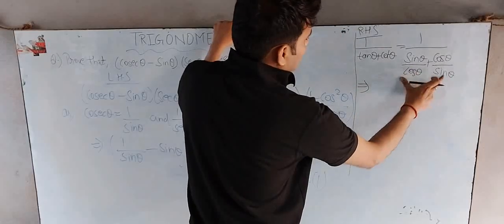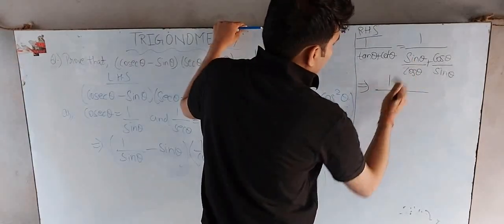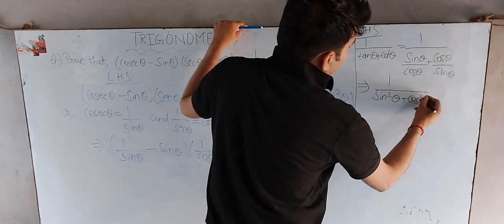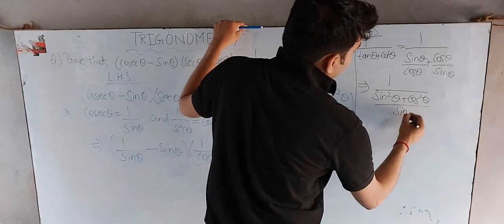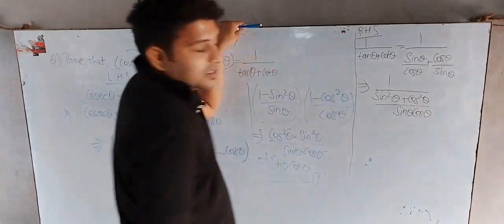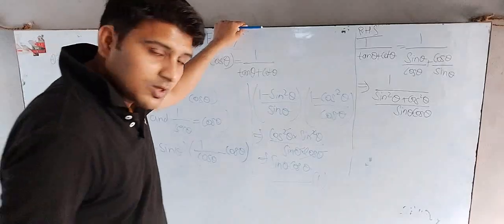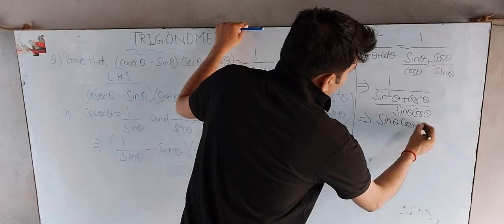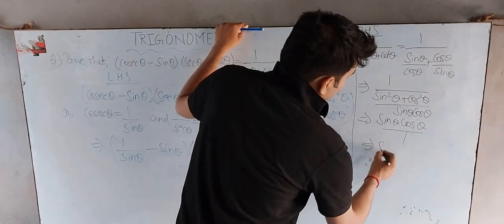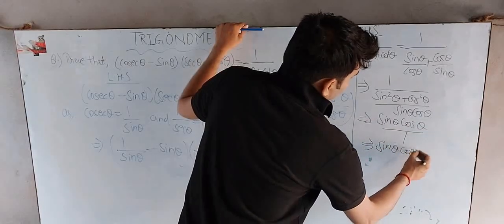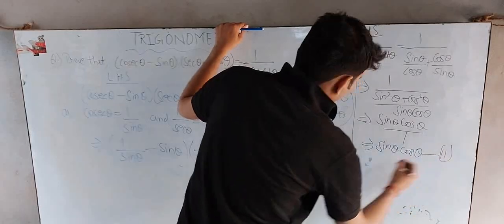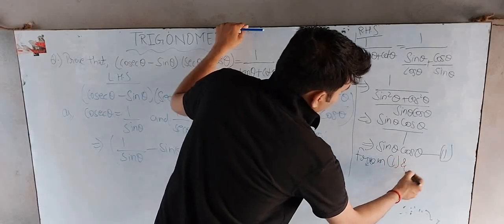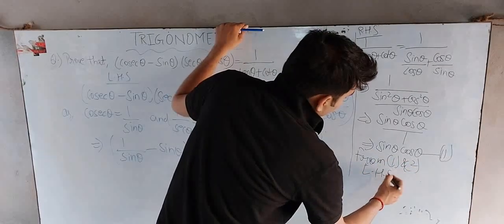Again, on solving this, you will get 1 upon sin square theta plus cos square theta upon sin theta cos theta. Now as sin square theta plus cos square theta is equal to 1, here you will get sin theta cos theta. Mark this as 2. So from 1 and 2, you will get LHS equal to RHS.